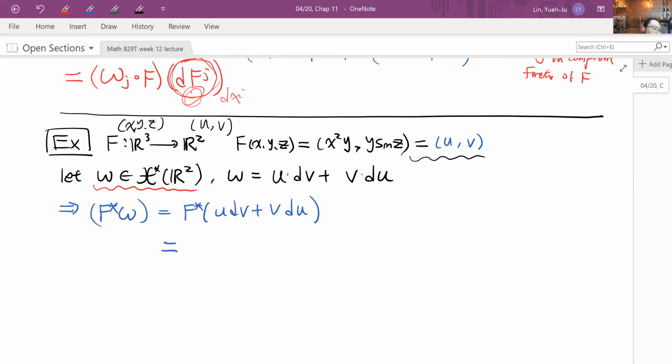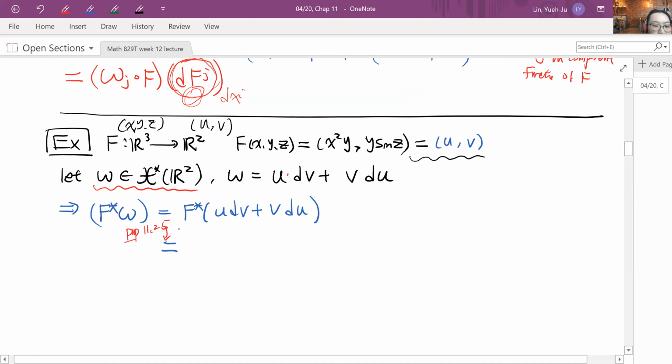So now, using what we have in this step, I'm using proposition 11.25, or maybe 2.6, depending on how you view it. You have u times dv, a real-valued function times a covector.